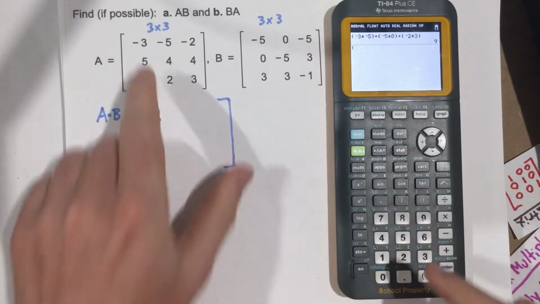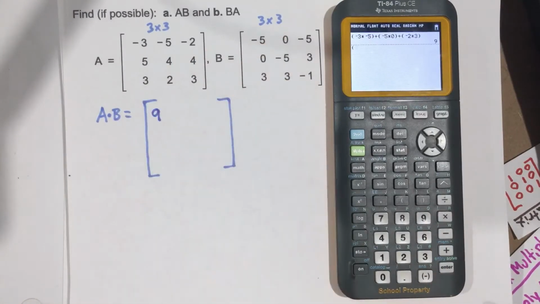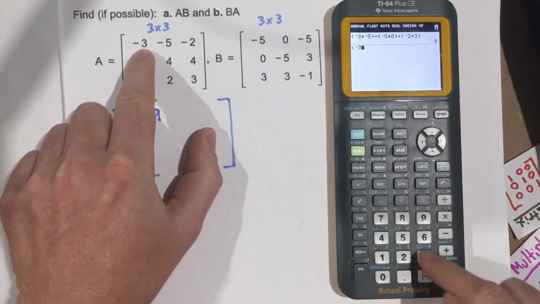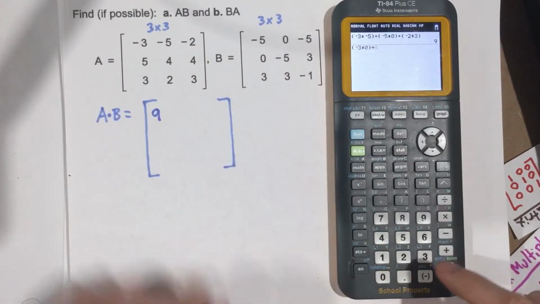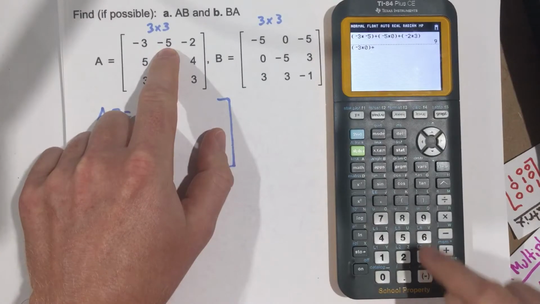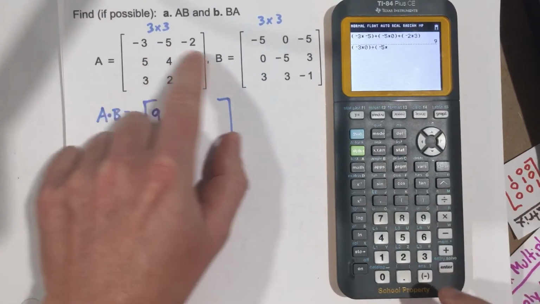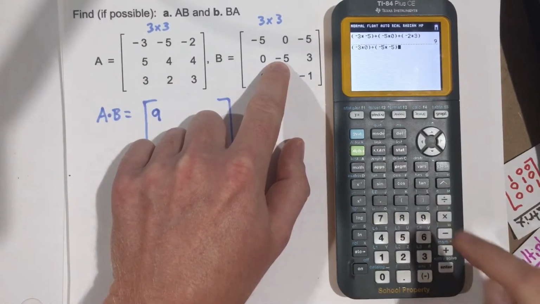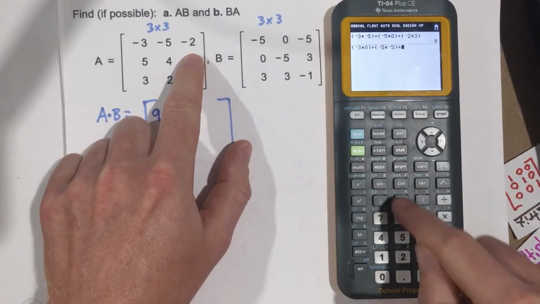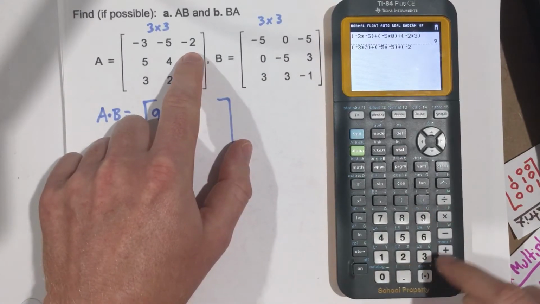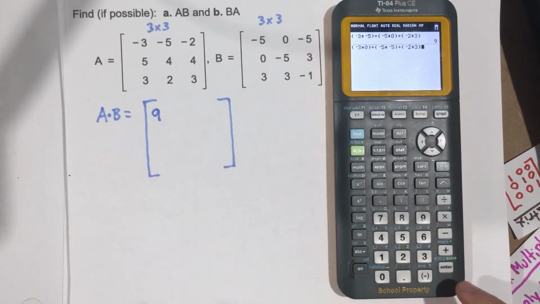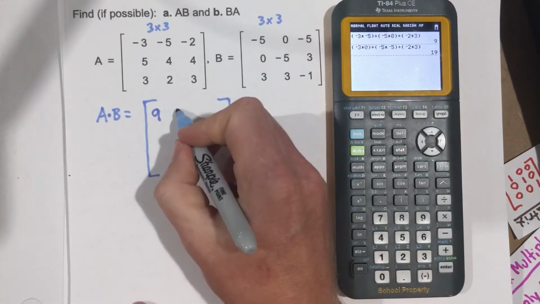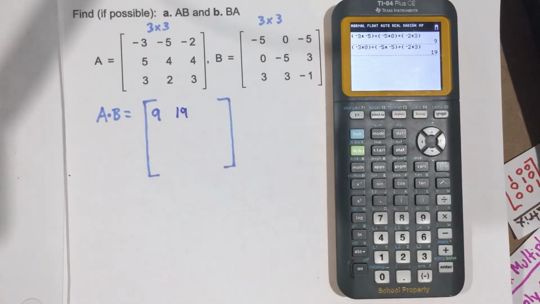Then we're going to row 1 times column 2. So negative 3 times 0 plus negative 5 times negative 5 plus negative 2 times 3. 19 for the top middle.